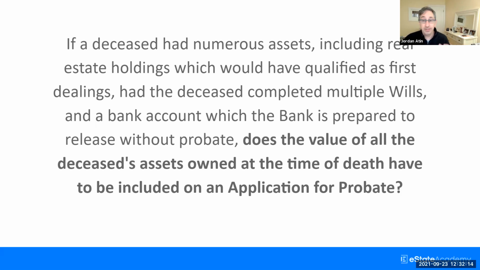And the answer, this is a test for everybody who's watched one of our multiple wills seminars, is yes, you must include those, because the test for whether you have to include an asset's value for probate is to ask yourself, what will am I submitting for probate? And then ask yourself, what assets are governed by that will? And if the asset is governed by that will, in other words, there's no other will that's governing that asset, then you've got to pay probate tax, whether you needed probate or not to deal with it. That's the test.